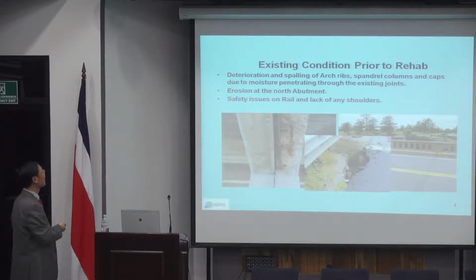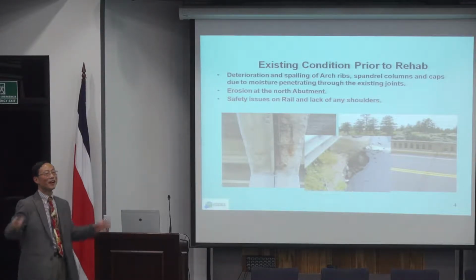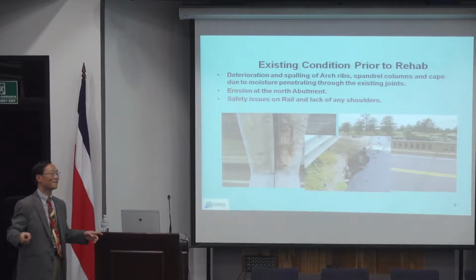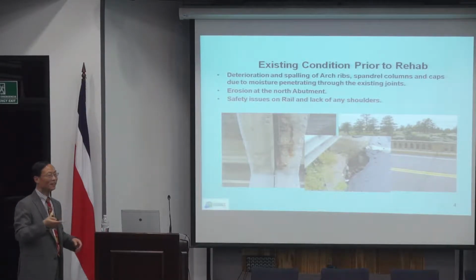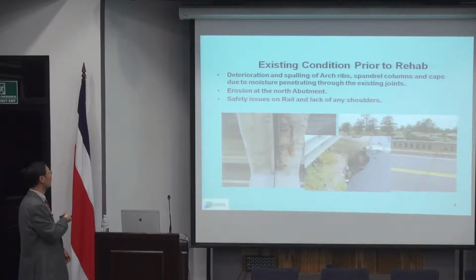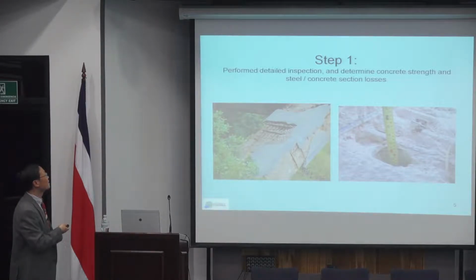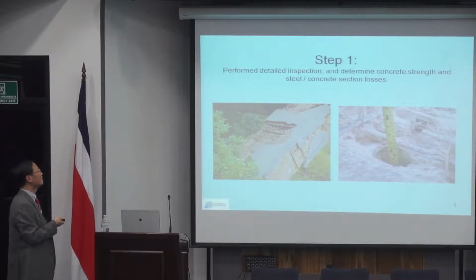So that's the original design. The original design was not very good, and they had a lot of expansion joints. It's very strange to me to have a lot of expansion joints for the whole arch bridge, because the whole arch is one structure. So really, you only need expansion joints at both ends. And a lot of these problems are caused by expansion joint leakages.